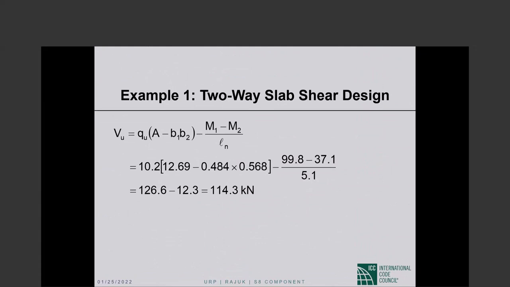V comes out to 114.3 kilonewtons. Okay, if we neglected this part, shear would have been 126.6. In reality, the shear is 114.3 kilonewtons.